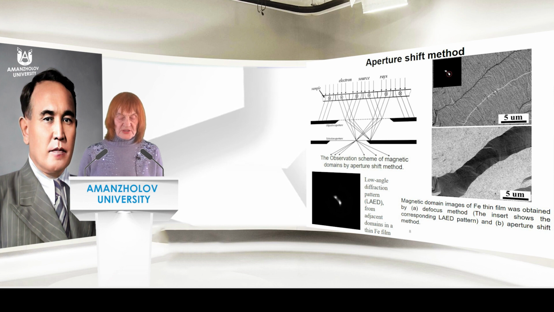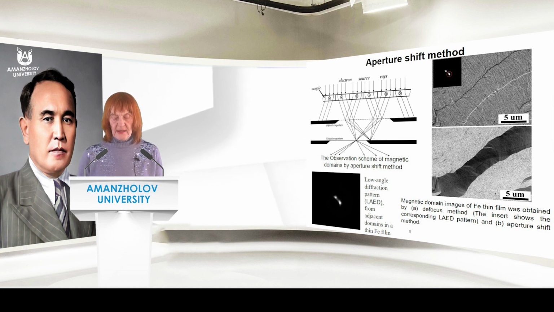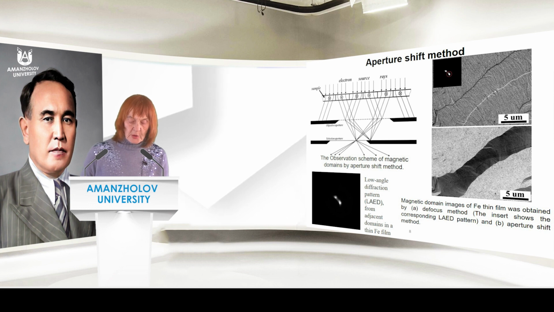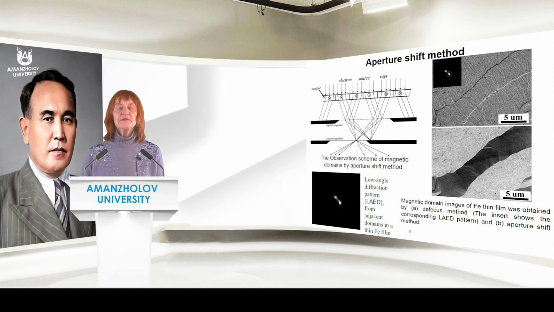The minimum aperture size of the objective lens of the Hitachi HT7700 is 10 um in diameter. Consequently, the sample area size corresponding to low-angle electron diffraction is about 10 um.